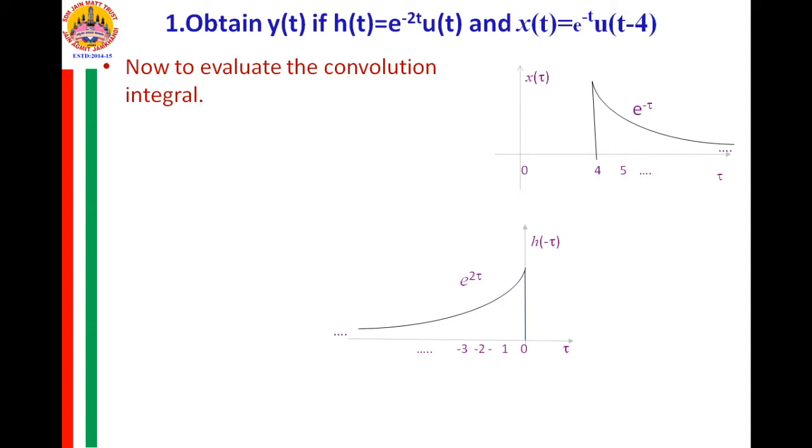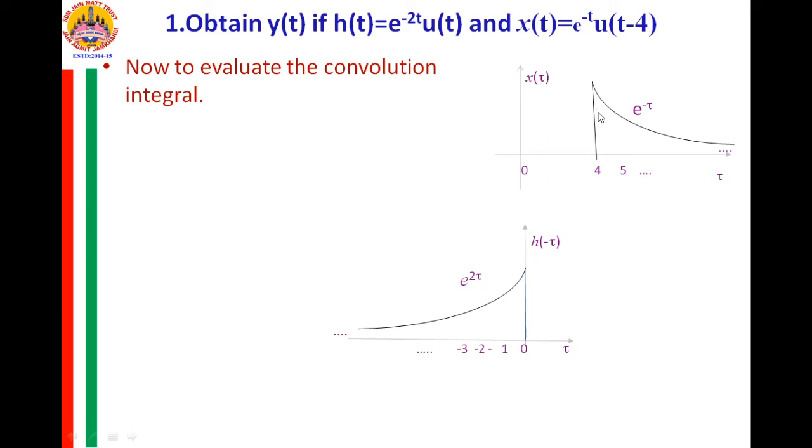Now to evaluate the convolution integral, as you know, for t less than 0 we go on shifting this h of minus tau to the left, and for t greater than 0 we go on shifting it to the right. Now what is your observation here? At t equal to 0, if we multiply these two, you observe there is no overlap between x of tau and h of minus tau.